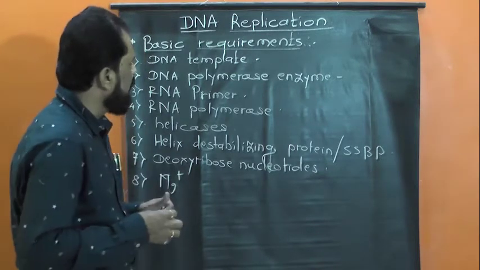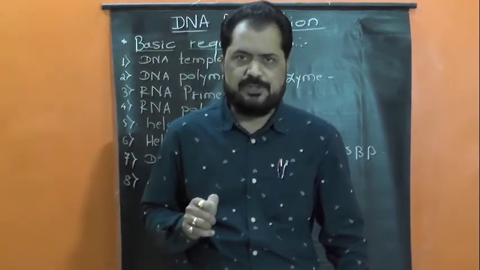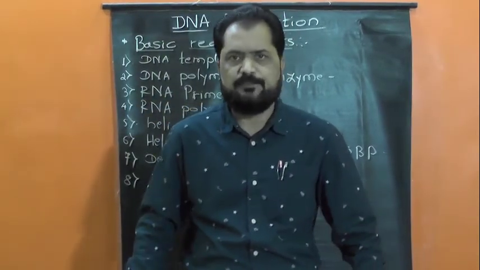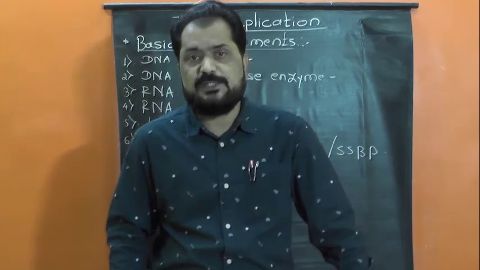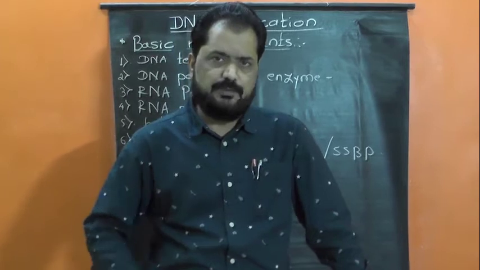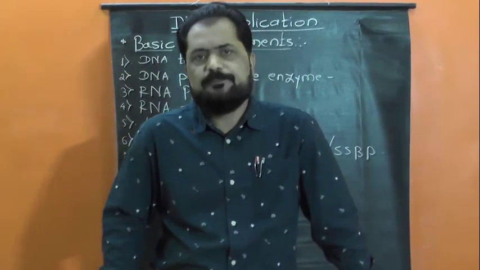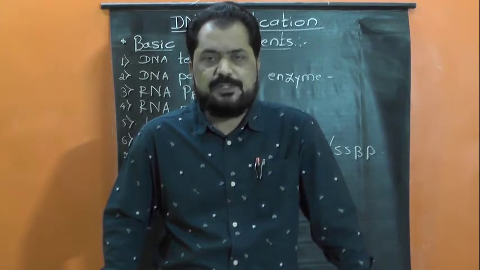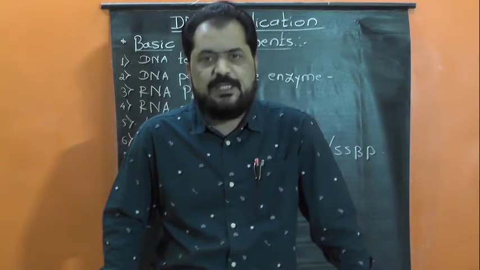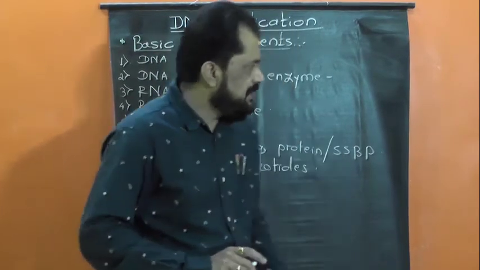So these are a few of the important basic requirements for the process of DNA replication. Now actually we are going to move towards the mechanism of DNA replication, okay? But let me tell you, most commonly the DNA replication is of semi-conservative method. Semi-conservative method means what? Please listen.